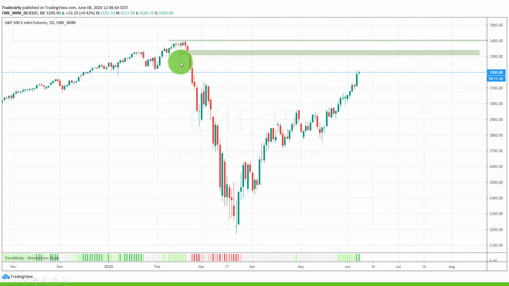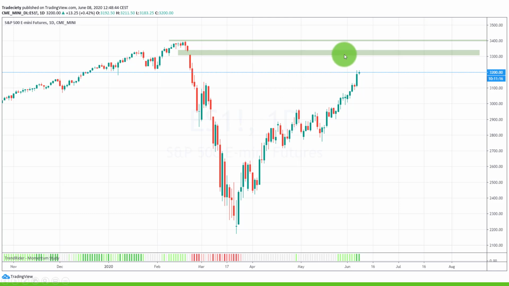We have the S&P 500, and this current bullishness still looks unbroken. Above the current price you can see there are two key areas. The first one is the gap that formed in late February, and this gap hasn't been closed. Very often, not always, those gaps pull the price in like a magnet.